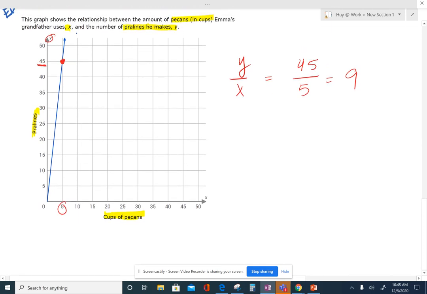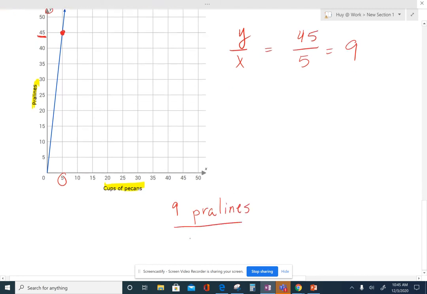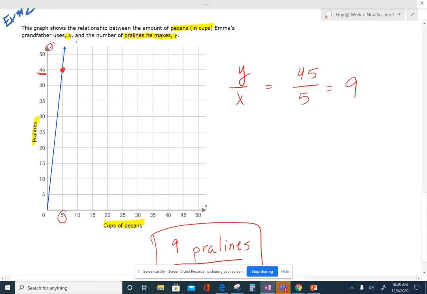So he can make 9. I actually don't know how to say this word. Pralines. 9 pralines per 1 cup. Right? And that's how you're going to do this assignment.